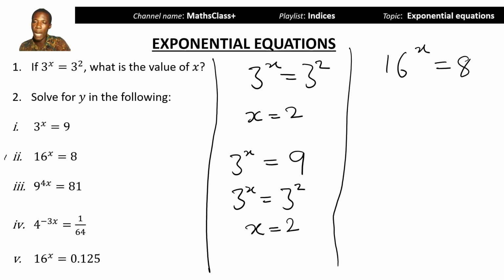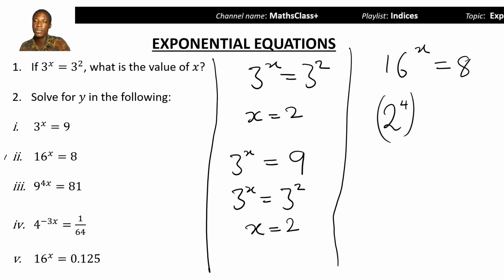So 2 to the power 4 is 16. So what I've put in the bracket is 4, the 16, before the exponent x. And then 2 to the power 3 is equal to 8.